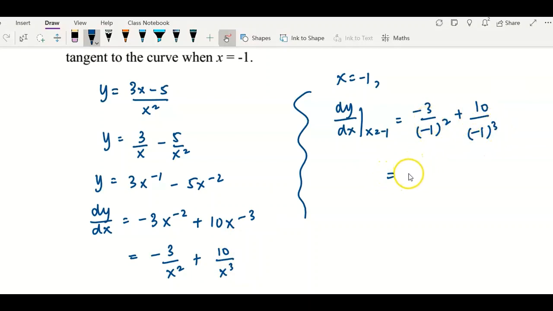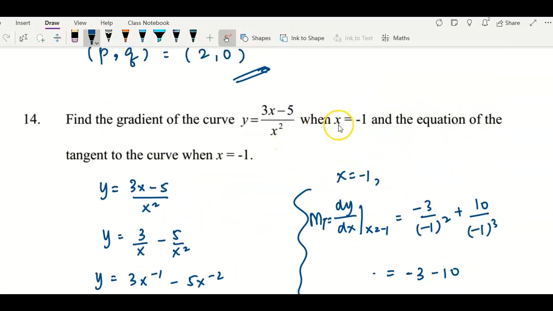Simplify, you have negative 3 for the first term, and for the second term you got negative 10, so you have negative 13. This is m_t, the gradient of the tangent. Gradient of the tangent is equal to negative 13. Okay, this is the first part of the question.